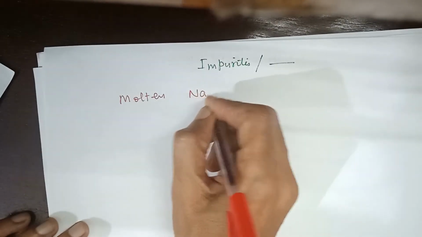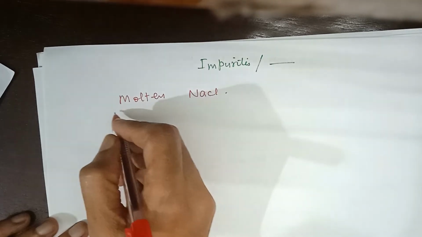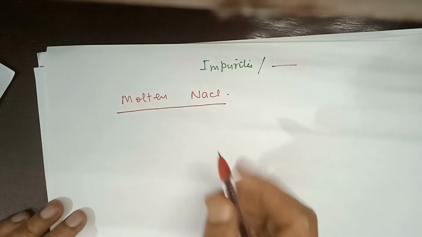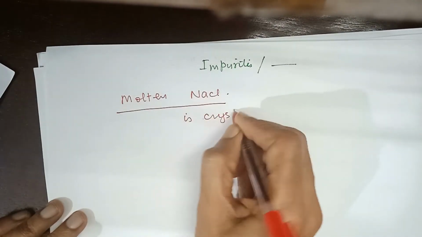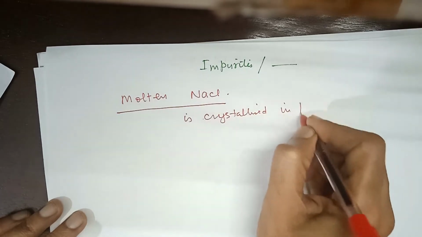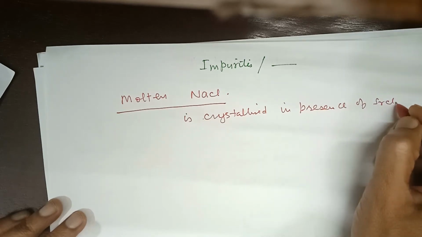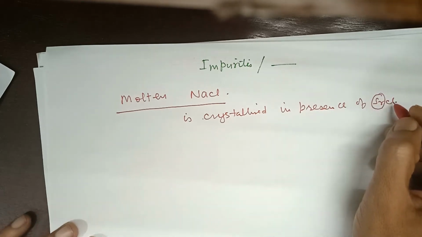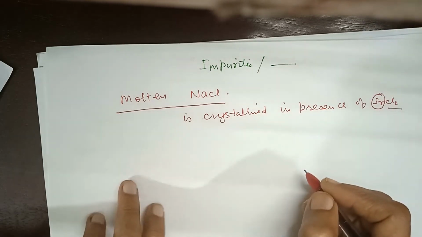See, when molten NaCl, molten sodium chloride, is crystallized in presence of SrCl2, strontium chloride, then what happens?